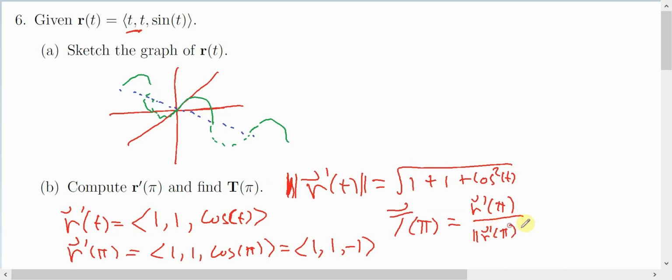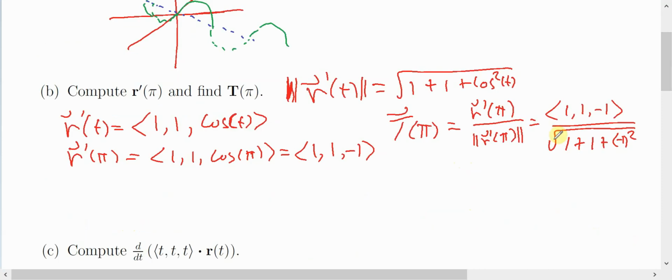In general, you just have t here, but I just asked for the one value. Well, r prime at pi, we just calculated, is 1, 1, -1, and the magnitude, plugging pi in, is the square root of 1 plus 1 plus cosine squared of pi. That's -1 squared, which gives me the square root of 3 in the bottom. So I get 1 over square root of 3, 1 over square root of 3, and -1 over square root of 3. That's the particular unit tangent vector at pi.